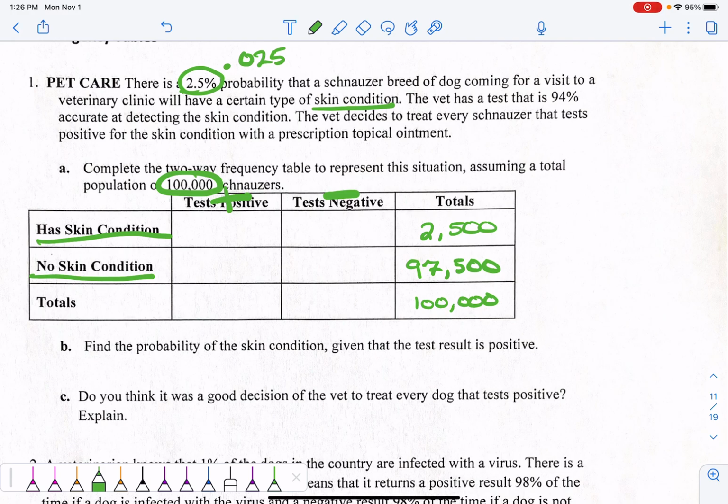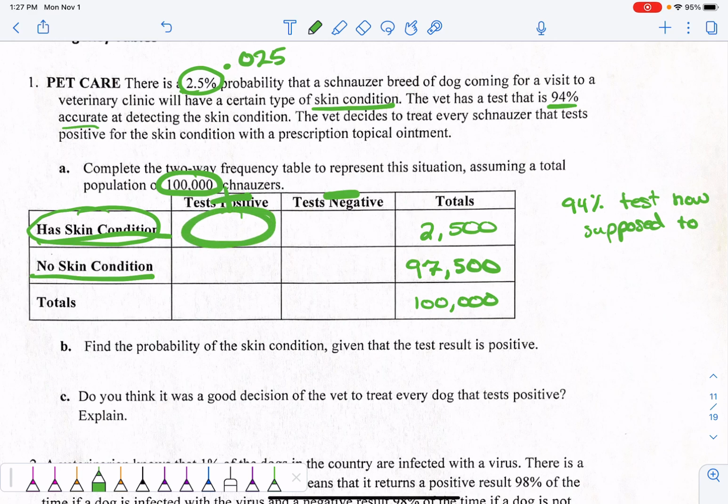Then it says the vet has a test that is 94% accurate at detecting the skin condition, okay? So what that means is that 94% of the time they should test how they're supposed to, okay? So if I have the skin condition, I should test positive.